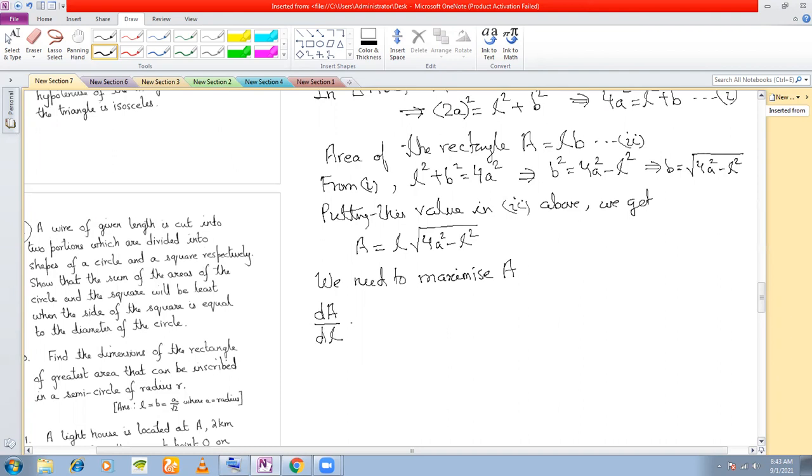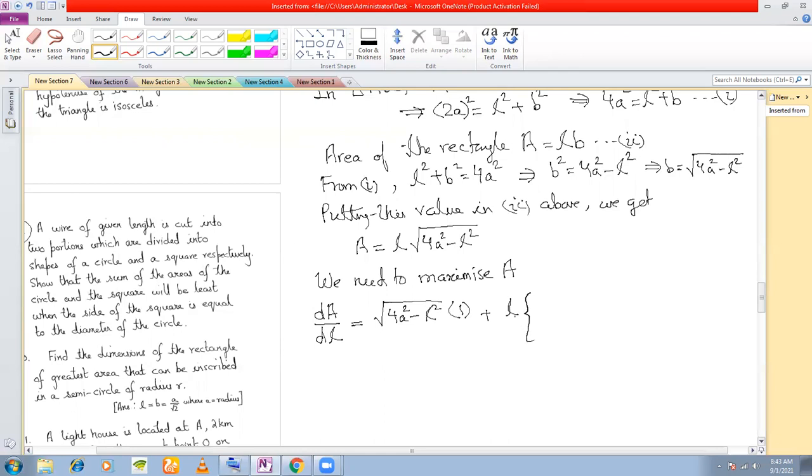dA/dL will be how much? Differentiate this by the u into v rule. Root over of 4a square minus L square into d/dL of L, which is 1, right? Plus, now treat L as the function which you don't need to differentiate.